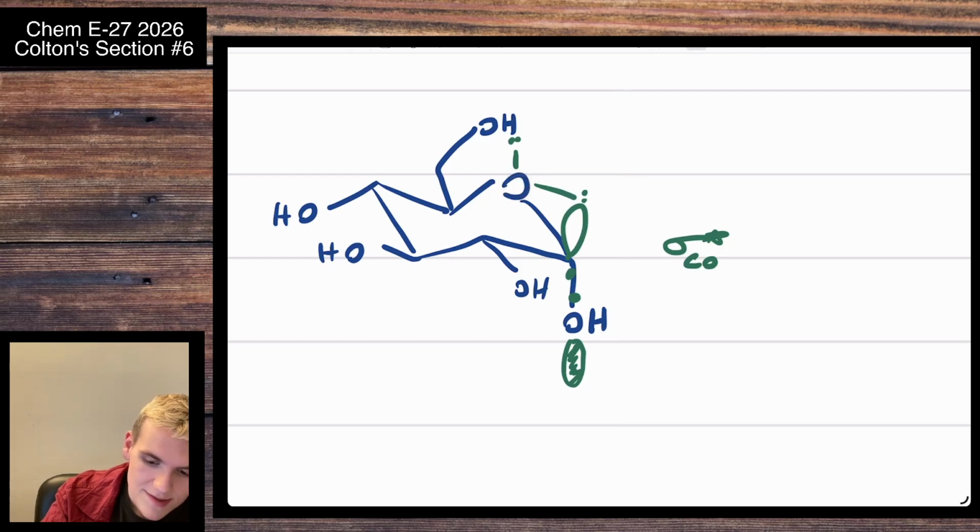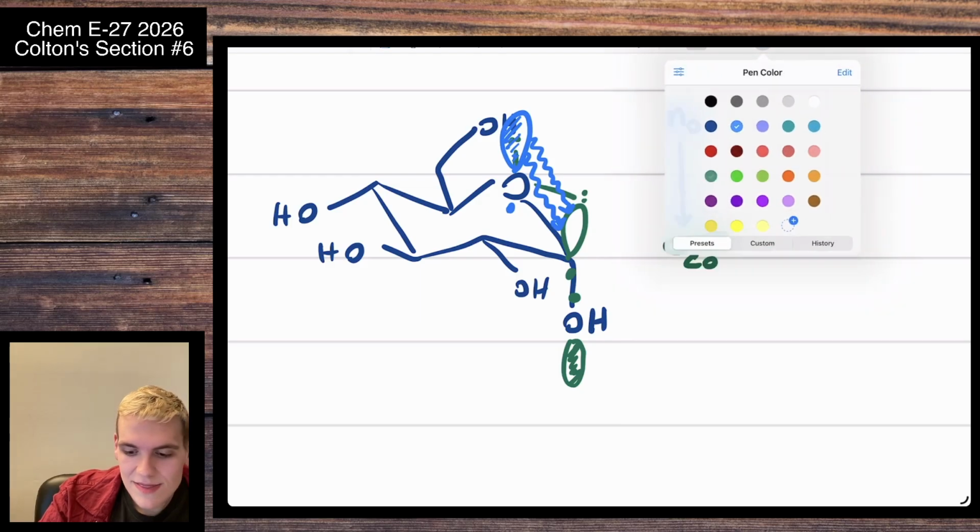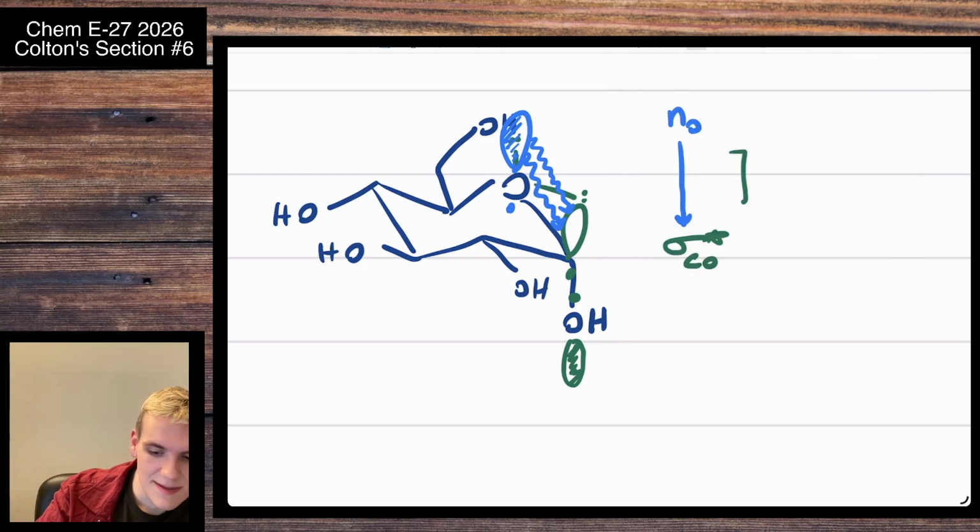So the lone pair that's axial here is going to be lined up with this antibonding orbital. So the lone pair on oxygen can donate into the sigma star carbon oxygen antibonding orbital. Whoa. Okay, that feels kind of like, what does this all mean? Basically, this donation is stabilizing.